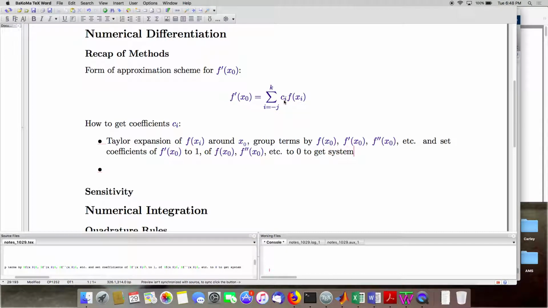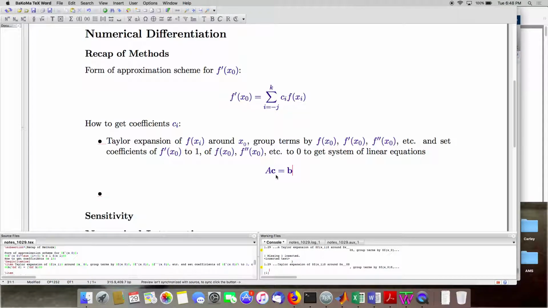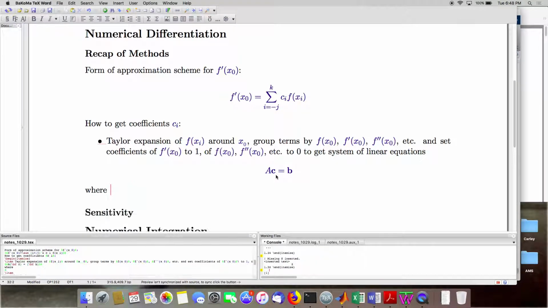To get a system of linear equations of this form, A times C is equal to B. So C, I'll just detail out what these are.